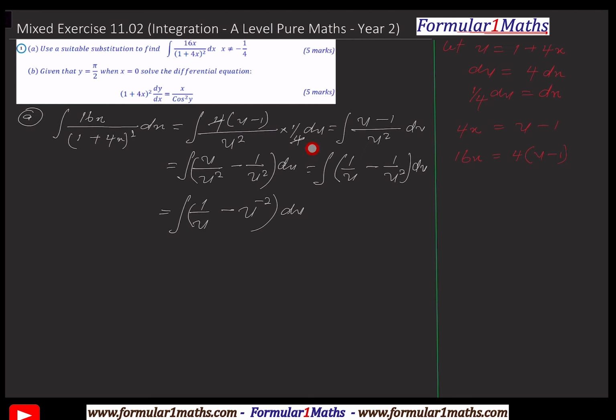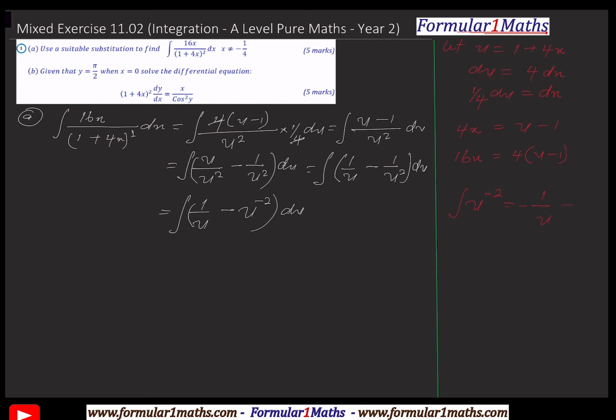Now, the integration of 1 over u is ln u, but for this one, I need to add 1 to the power and divide, and so I'm going to get 1 over u divided by minus 1, because minus 2 plus 1 is minus 1, so I get a negative here.